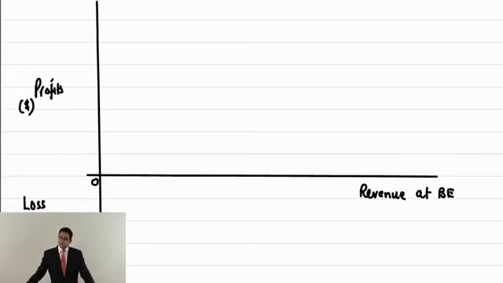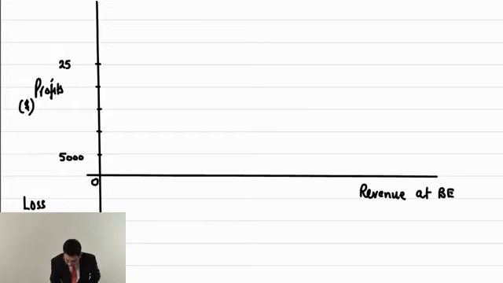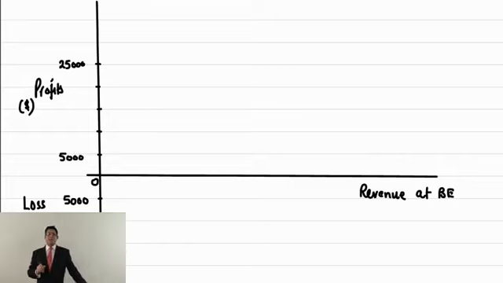Okay, first of all, let's do the scale. For example, 5,000, 10, 15, 20, 25. If my scale is 5,000, and down there should be the same as well. Okay, 5,000, 10, 15, 20.